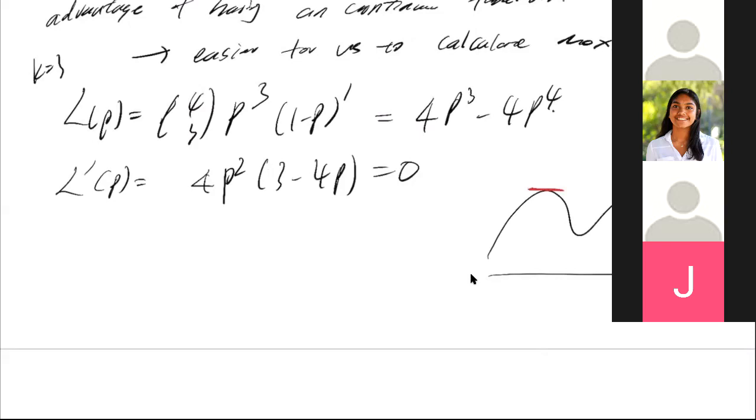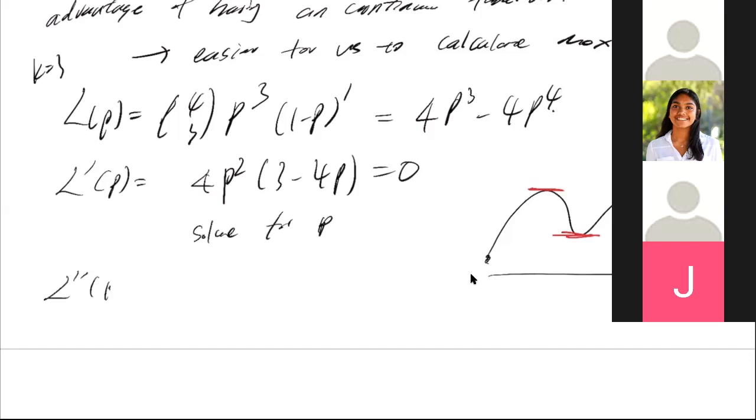It can be here or here or here for any function. And the first derivative equal to 0 means it is either a local minimum or a local maximum. So we solve for p, and these p's are either local maxima, local minima, or endpoints. But we don't really care about endpoints.